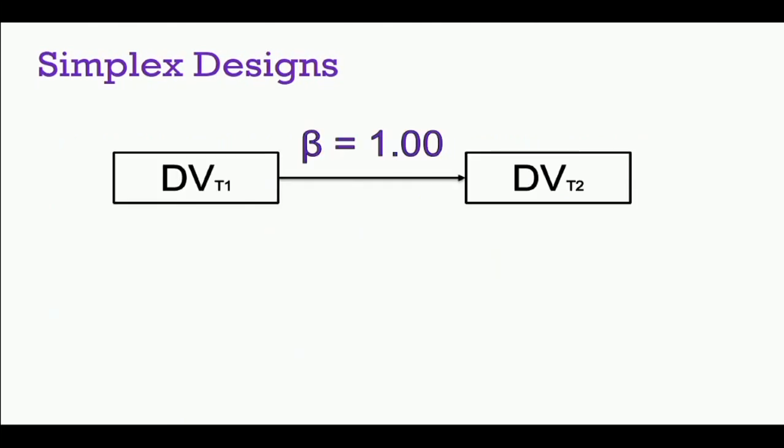Okay, so we're going to have a look here at a simplex design with a picture. I find pictures make it a lot easier to understand this sort of thing. I'll get out my little laser pointer. We've got the dependent variable there, measured at time 1, and we want to see the correlation with the DV at time 2. This is our standardised regression coefficient, or beta. If there's absolutely no change between those constructs, then we will have a perfect autoregression.